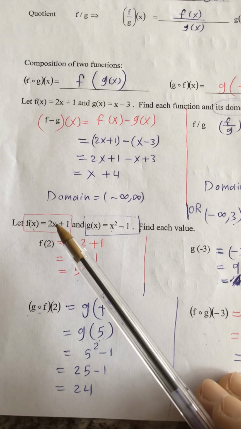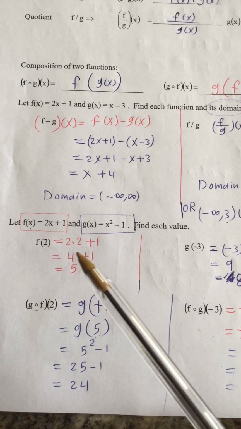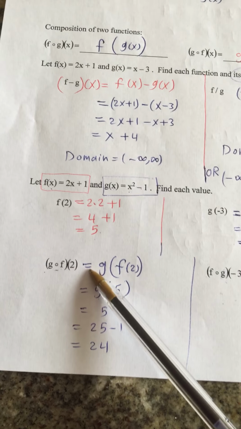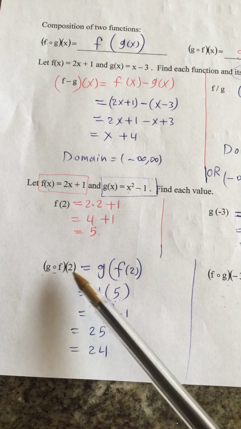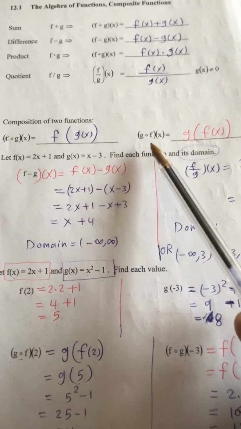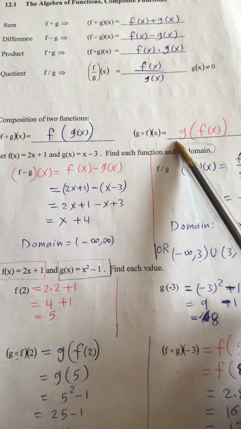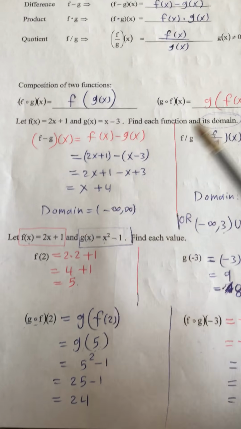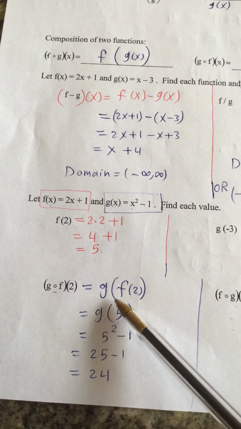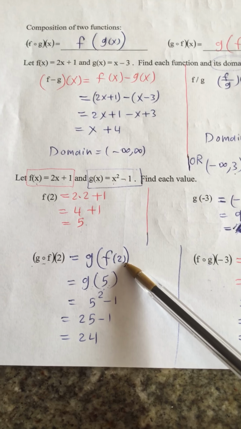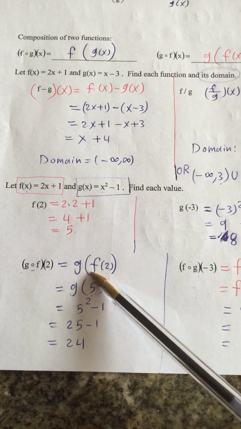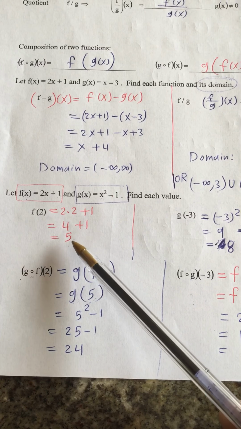Now find g circle f of 2. By this definition, g circle f of x equals g of f of x. Similarly here, g circle f of 2 equals g of f of 2. Keep g. Now f of 2 equals 5.